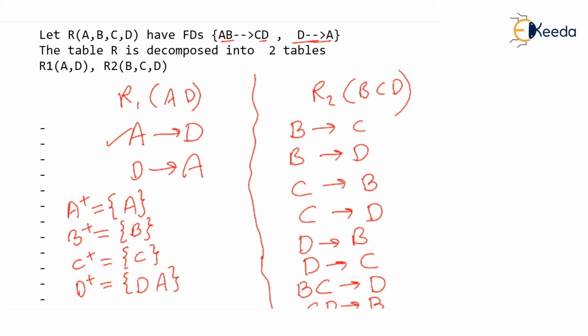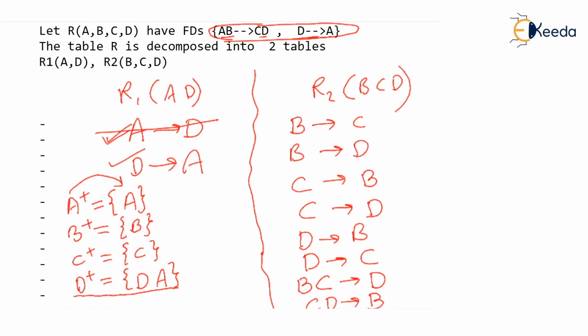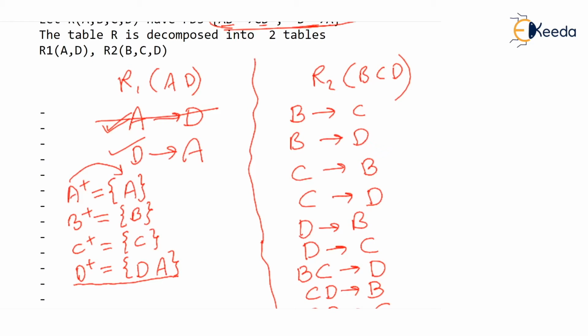Check this. So, is A determining D? No, because A closure does not contain D. You observe using our original FD set, it does not contain D. But is D determining A? Yes, because D closure contains A. I hope you are understanding. So out of the two non-trivial dependencies, only D determines A is satisfied.